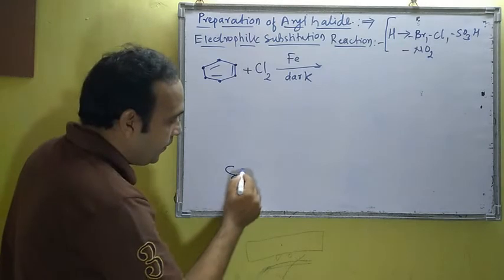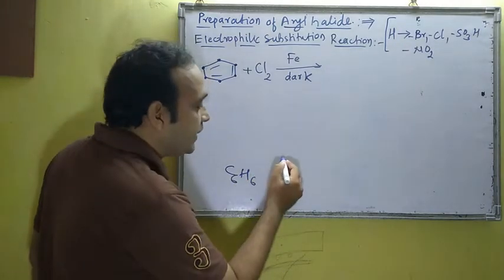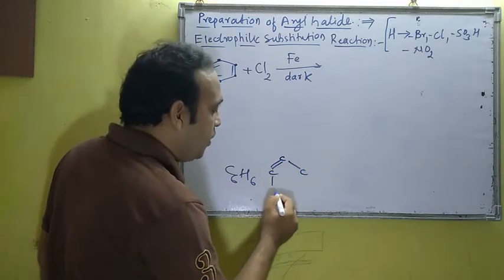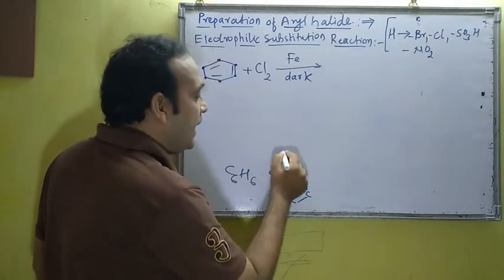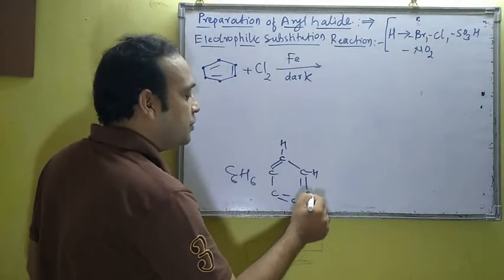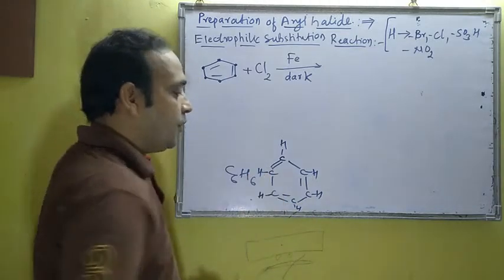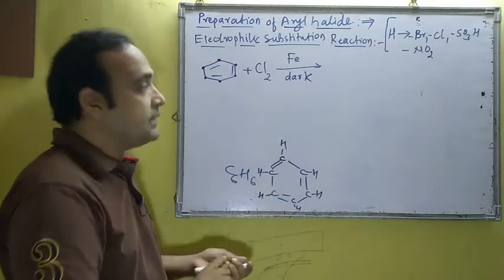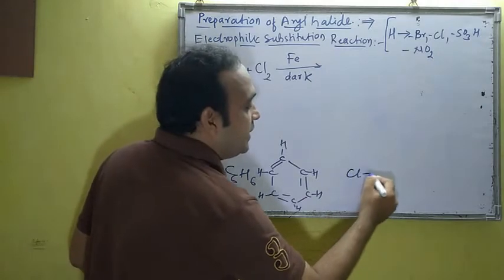So the molecular formula of benzene is C6H6, or we can draw this structure like this. Both are the structure of benzene. At each position a hydrogen atom is attached, so the molecular formula of benzene is C6H6. When benzene reacts with chlorine, we can write here Cl2.